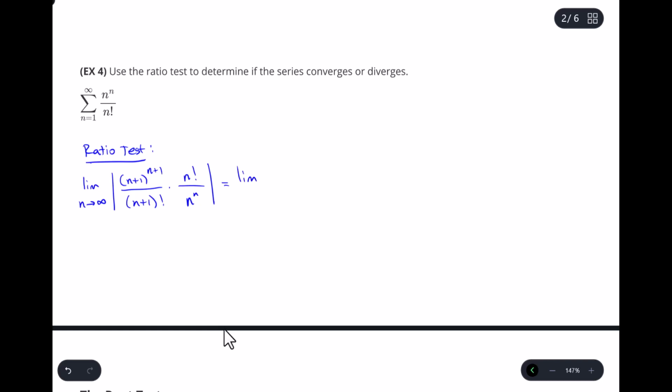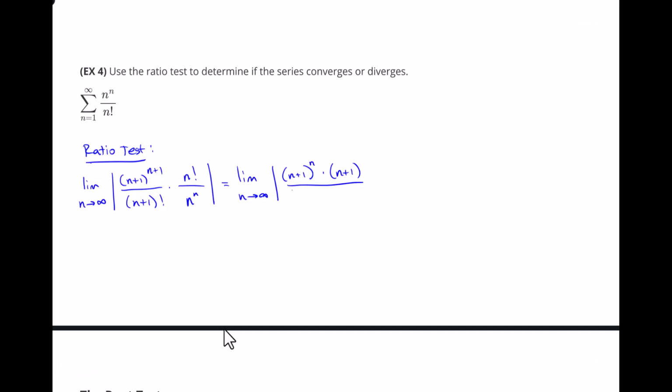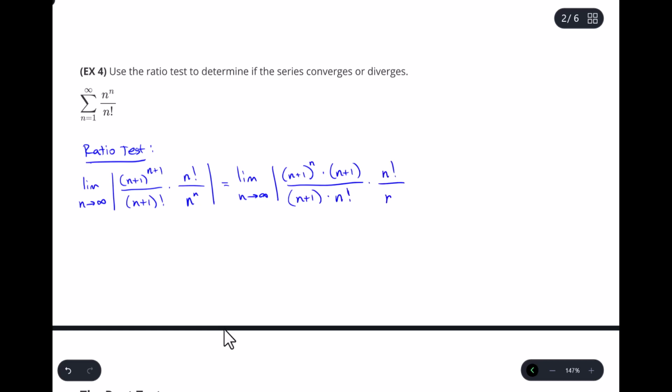The numerator I could write as n plus 1 to the nth power times n plus 1. In the denominator, I could take n plus 1 off of the top of that factorial. And that's nice because n factorial definitely can cancel. And in fact, even this term, n plus 1, can cancel as well.